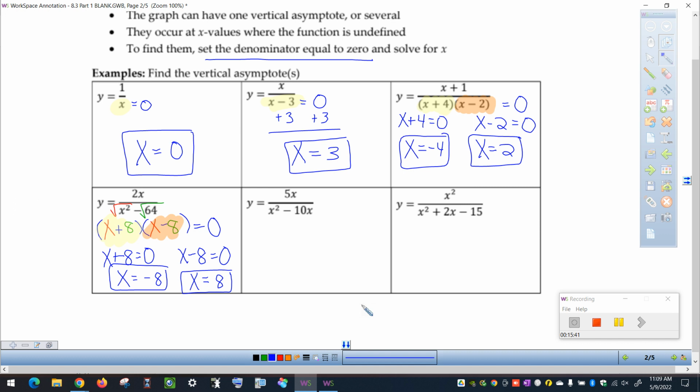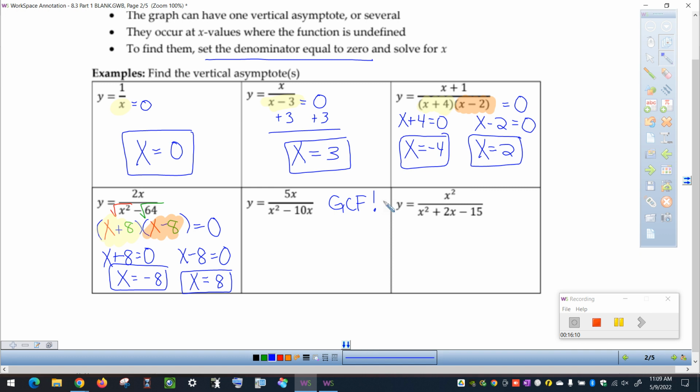All right, let's take a look at our next one here. So in our denominator, x squared minus 10x, well, this is not a difference of squares. So 10x is not a perfectly squared term. It's also not a trinomial. We only have two terms here. And so really the only other option we have in terms of factoring is to think about the greatest common factor.